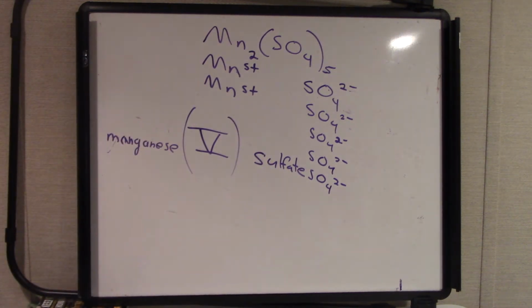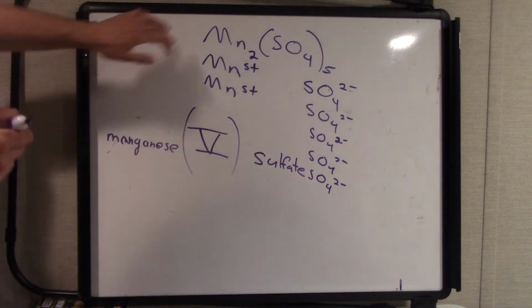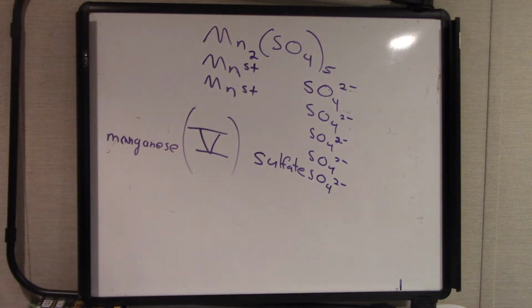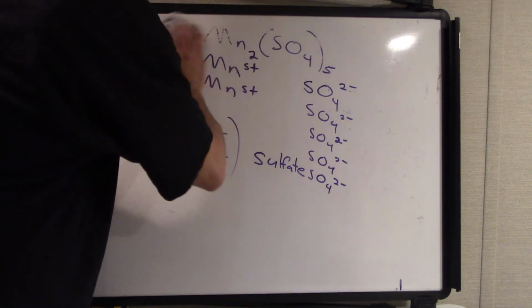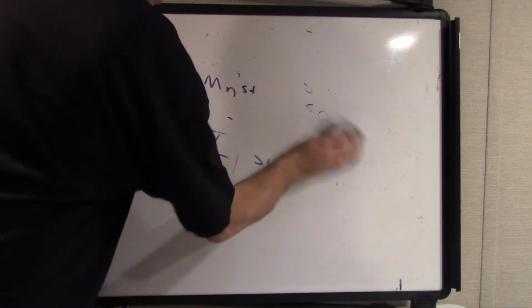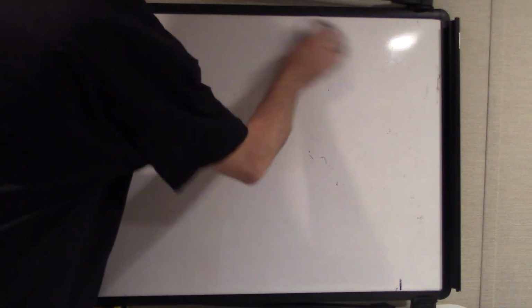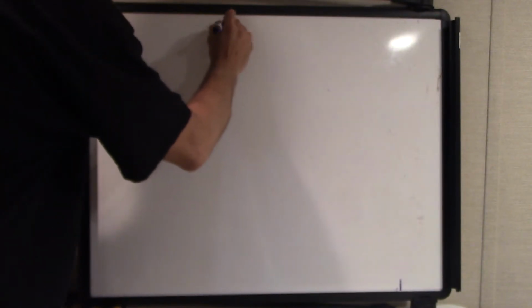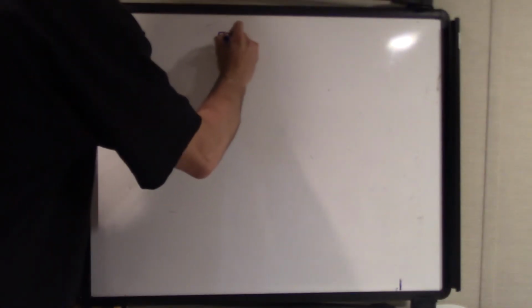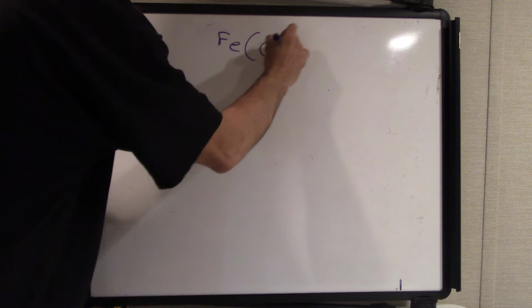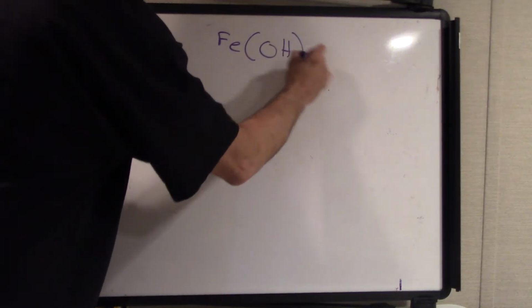So I'll do a couple of these mixed transition metal ions and polyatomic ions just for more practice in doing these nomenclature problems. So another one I want to do: Fe(OH)2.